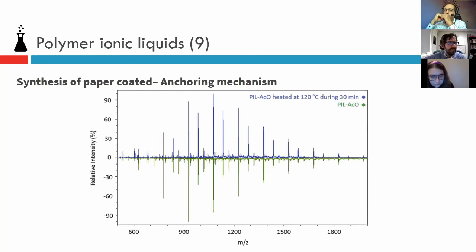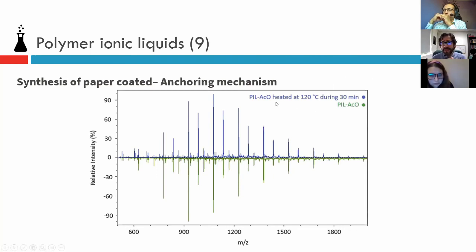The paper usually contains 2 or 3% of carbonyl groups on the surface, which are imperfections of the paper, but we can exploit that just for doing the immobilization.